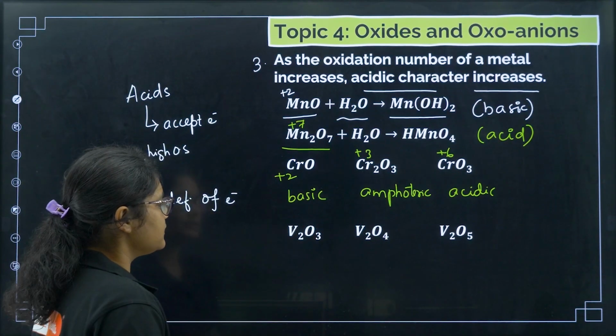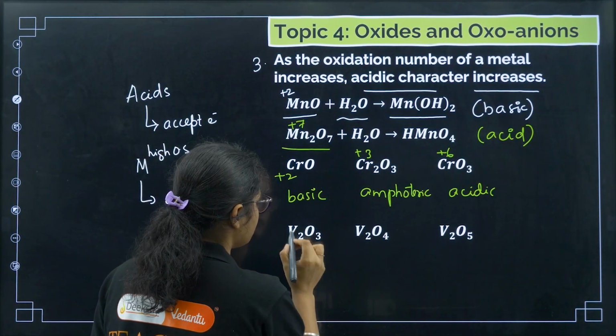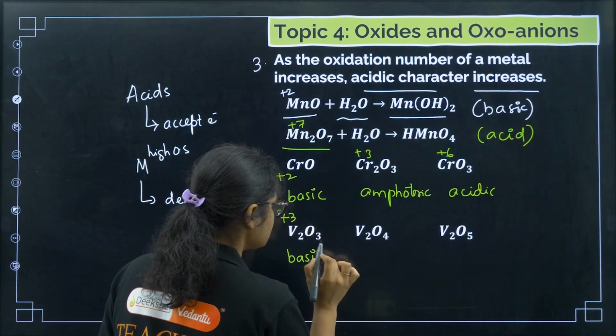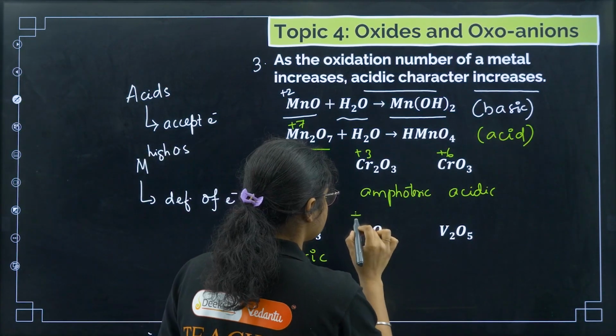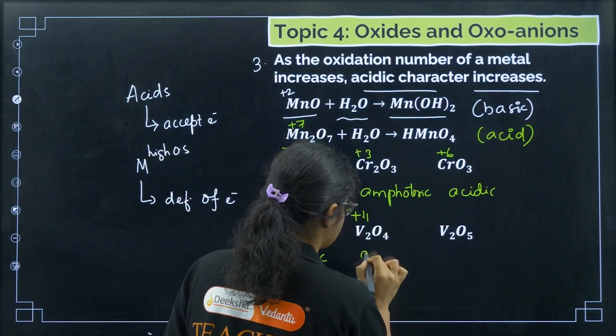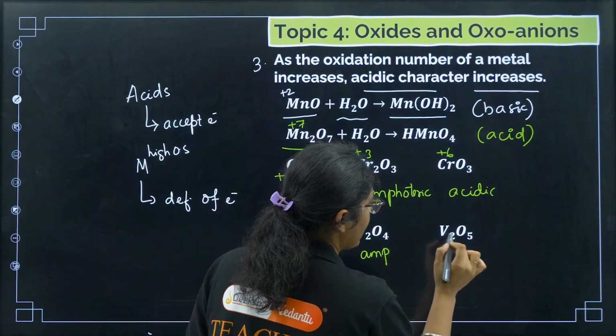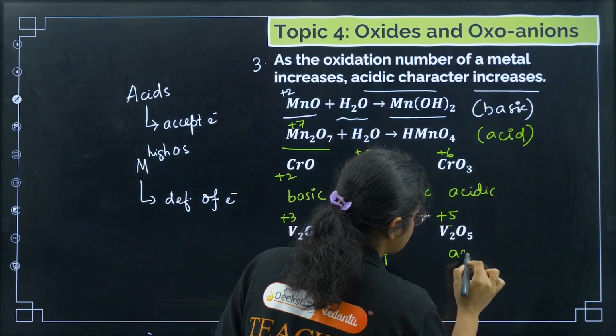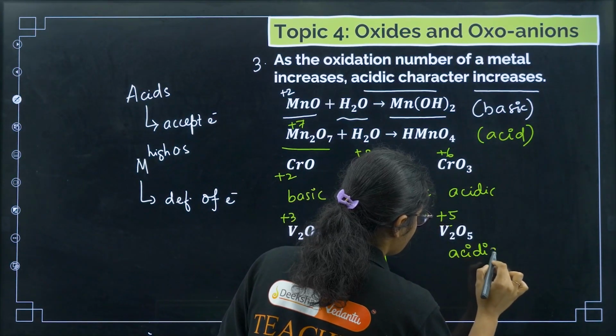Similarly, V2O3 is in +3 oxidation state, so this is basic, and V2O4 is in +4, so this is again amphoteric. Then this one is in +5, which is a high oxidation state, and it is acidic in nature.